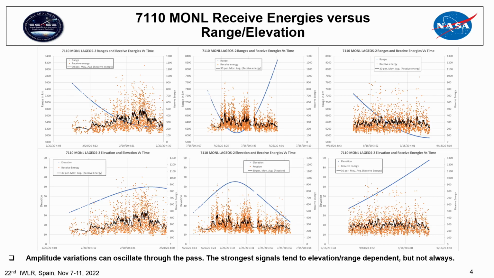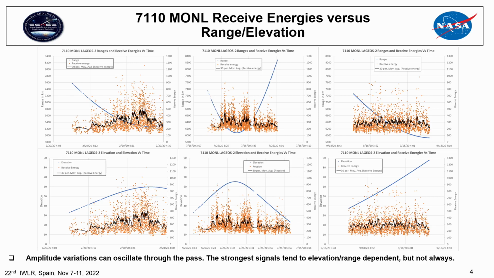Receive energy is on the right axis. The orange dots represent single returns, and the black line is a running average of receive energies. On the top set of charts, the blue is satellite range, and on the bottom plots, this axis is elevation angle.